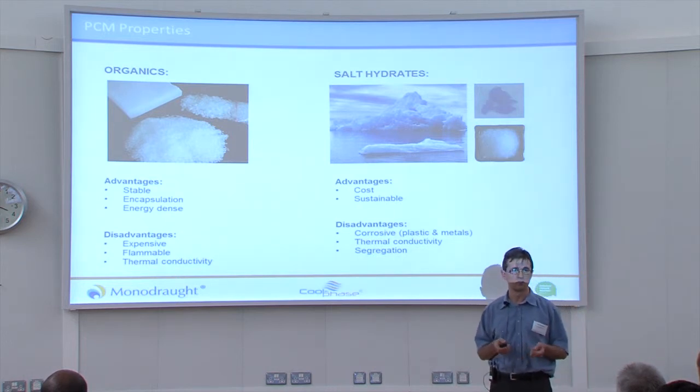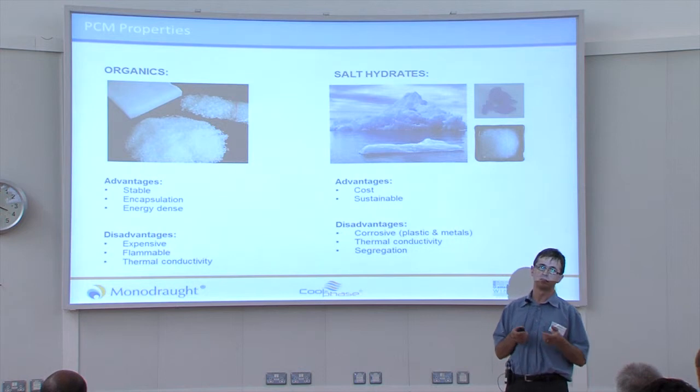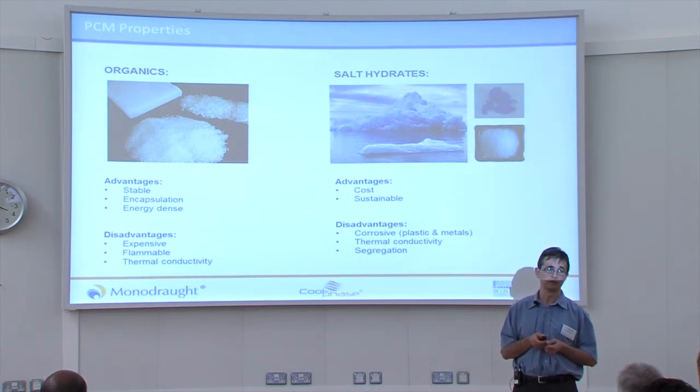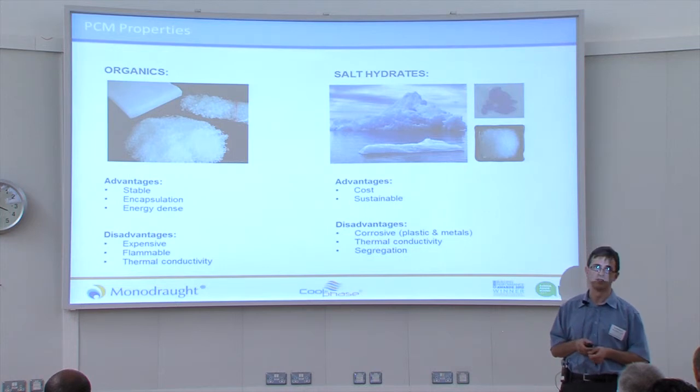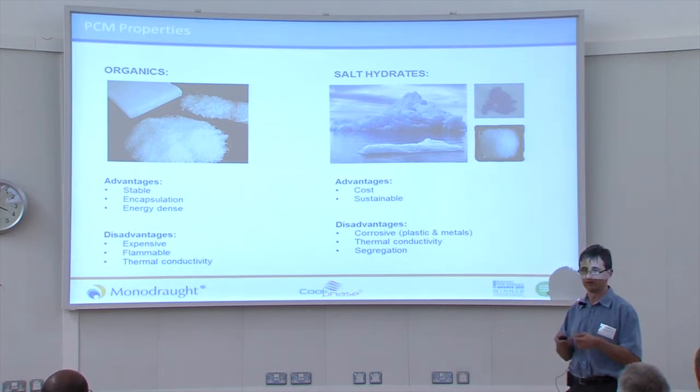The salt-based materials are a bit heavy, and in time they tend to separate into components, but they are cheap and environmentally friendly. The organics have higher energy density, but are a bit more expensive and also a bit flammable. However, they can be made not to be flammable if we mix them with flame retardants.